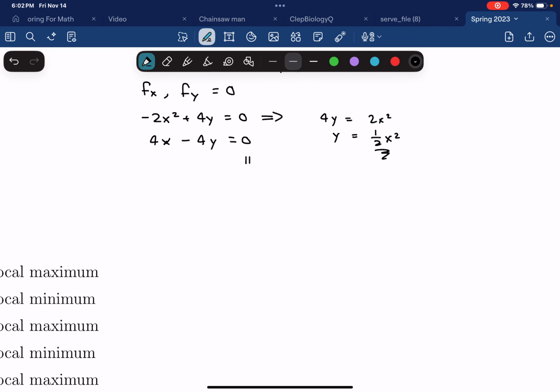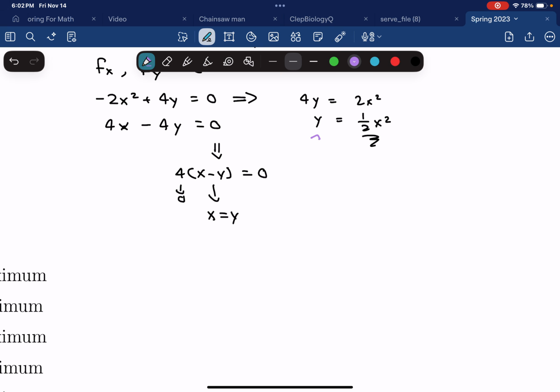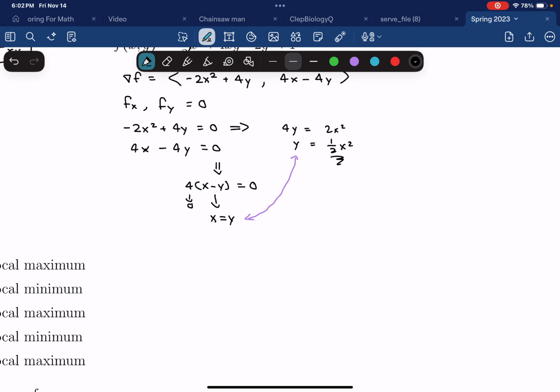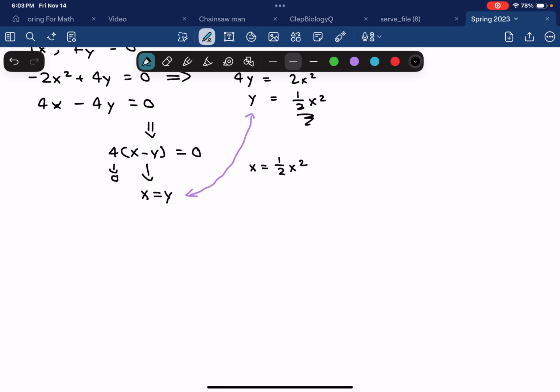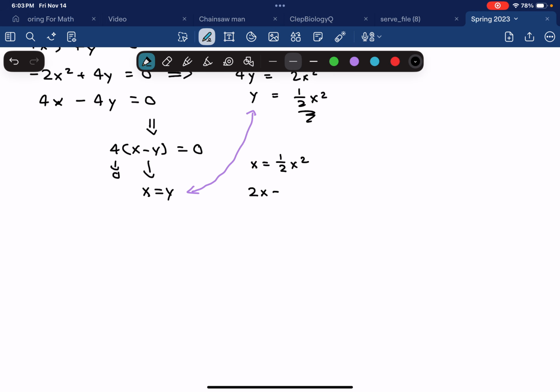And for this one, I'm going to factor 4 out, so we get 4 times (x minus y) equals 0. So in this case, this just becomes 0, and this becomes x equals y. So if we now plug this in here, you get x is equal to 1/2 x squared, which gets you 2x is equal to x squared.